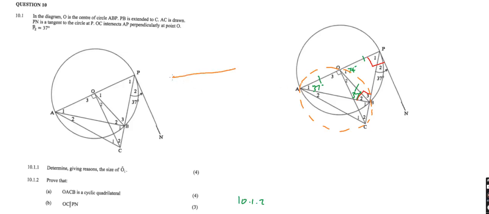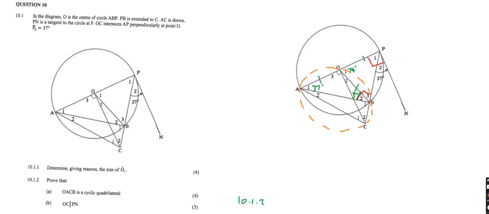Remember, angles in the same segment look a little bit like this. If I can prove that this angle is equal to that angle, then I've proven a cyclic quad. Those are all converse methods.